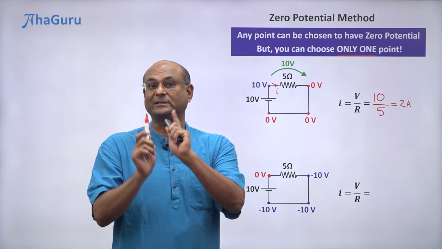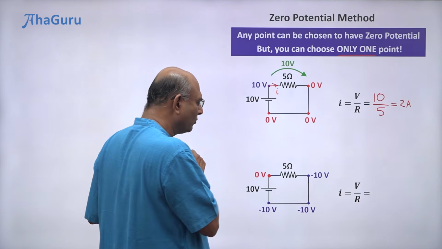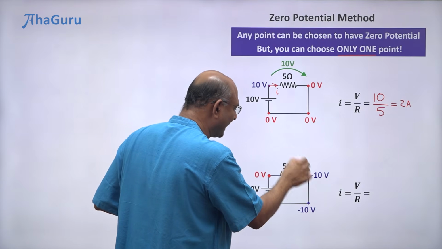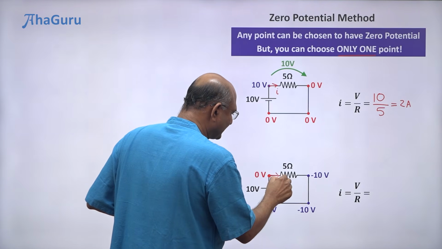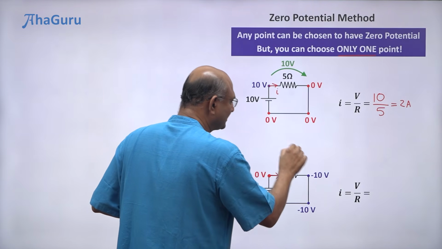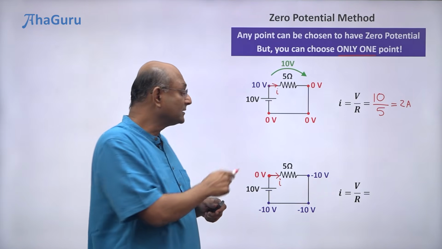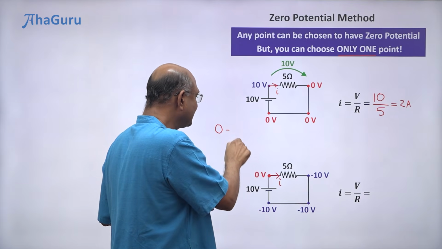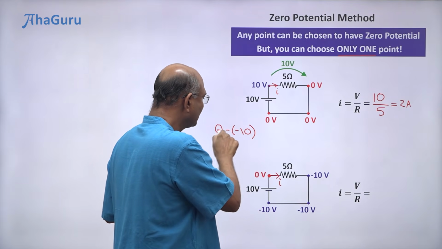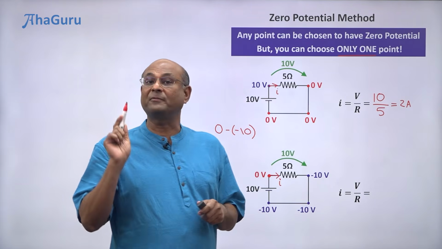Only one choice. Okay. Now I want the potential drop from here to there. Because I want the current in this direction, I want the potential drop in the same direction. So what is the potential drop in this direction? 0 minus minus 10. So that is going to give me a potential drop of 10 volts.